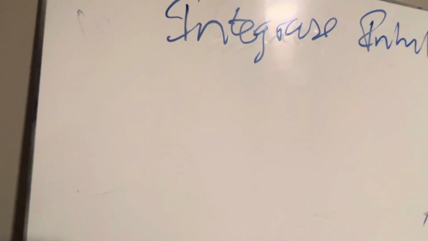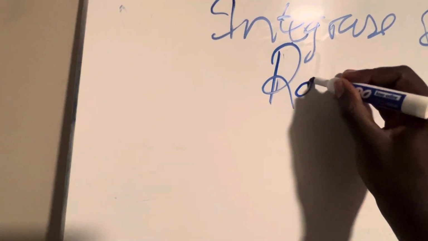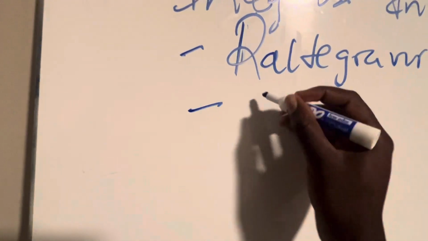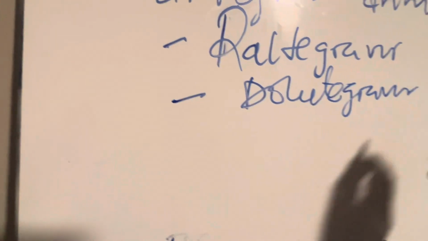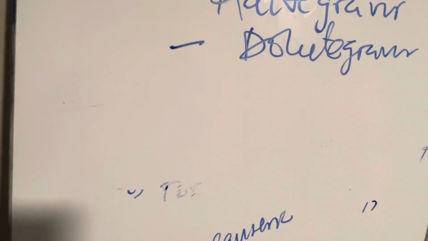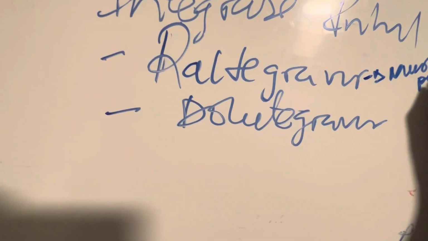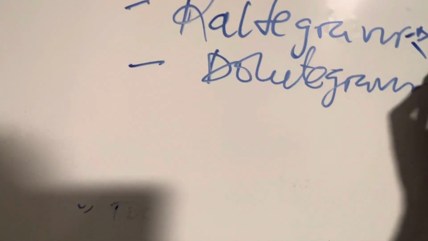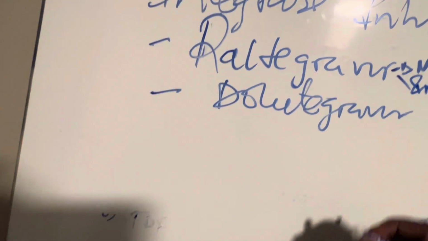We're talking about the likes of raltegravir and dolutegravir. Raltegravir mostly causes muscle pain, insomnia, and headache. Insomnia, so CNS-like, and headache.